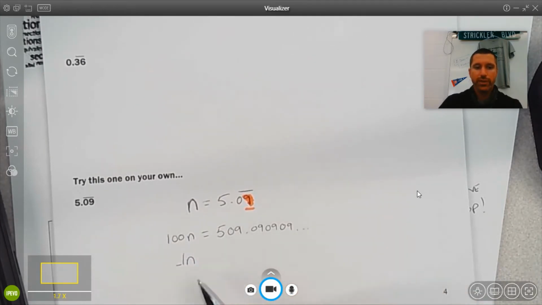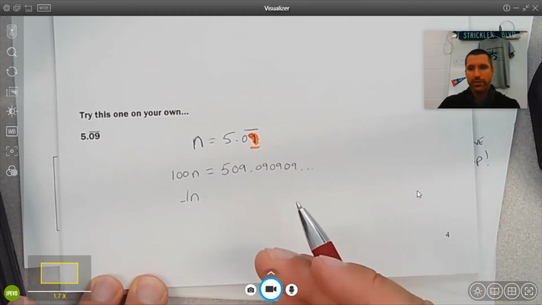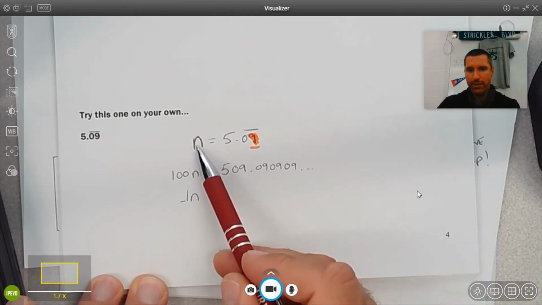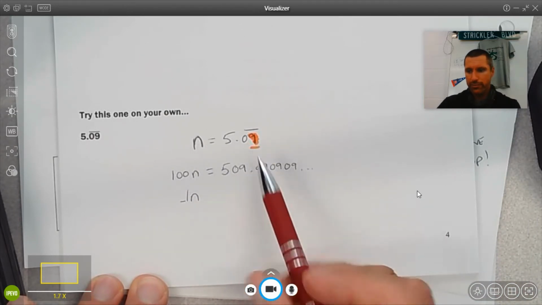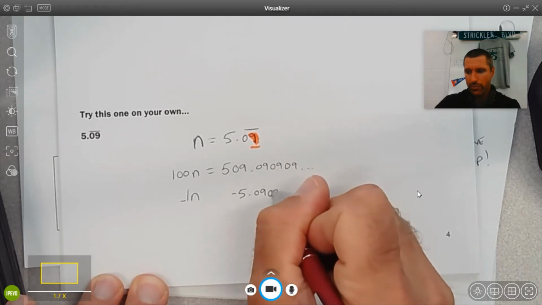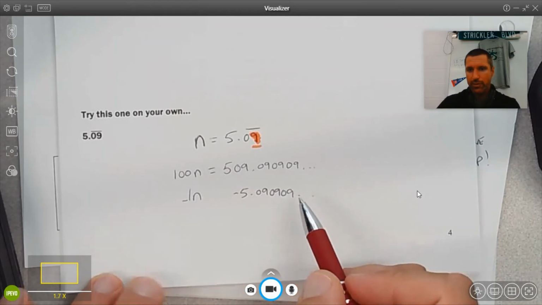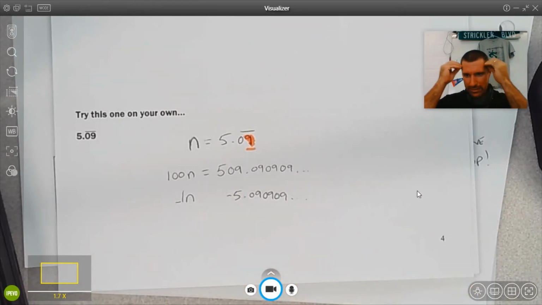from both sides. So over here, you're subtracting 1n. And from this side, you're subtracting the value of n, because n, we said, is equal to the decimal. So it's totally legit to subtract the number on this side, because n and that number have equal value because we said so in step 1.